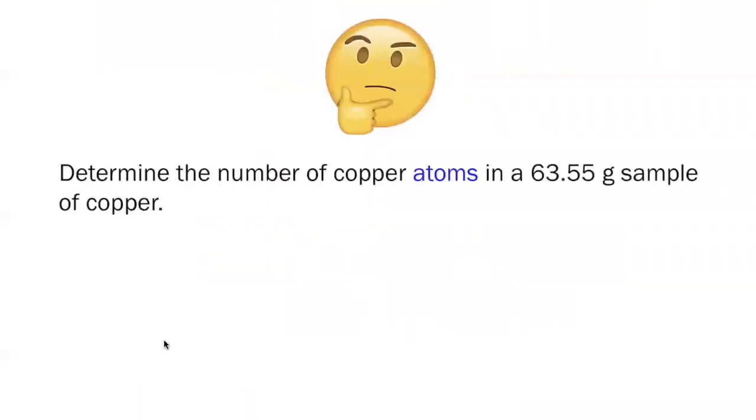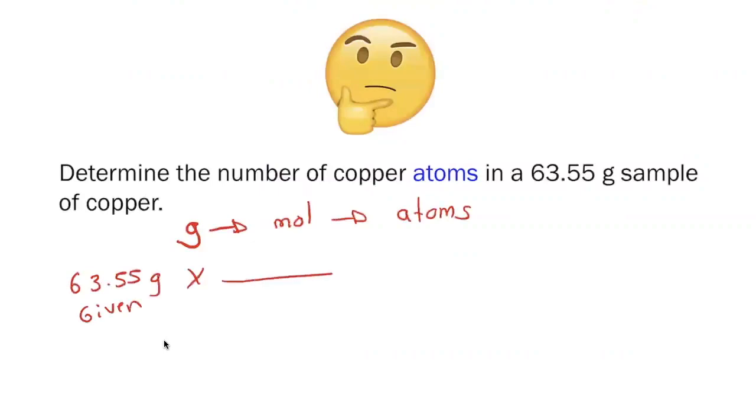Try this on your own. Notice that they're giving you grams and they want to know atoms. So you want to start with grams to moles to atoms. 63.55, which is what's given. And then you want grams at the bottom and moles at the top. So in order to go from grams to moles or moles to grams, you always need the molar mass.